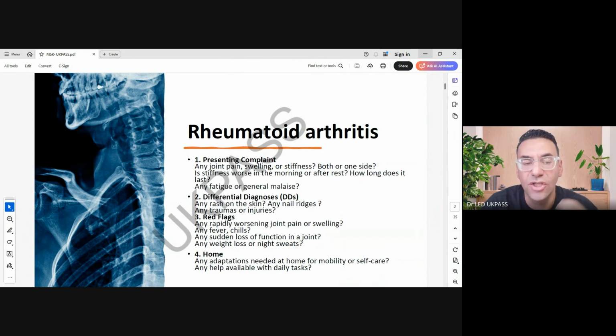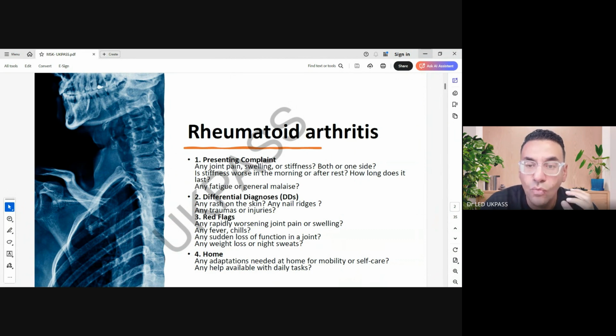Osteoarthritis is mainly unilateral and is a monoarthritis, meaning a patient with osteoarthritis could get pain, redness and swelling in one knee. It doesn't necessarily mean they will get it on the other side.